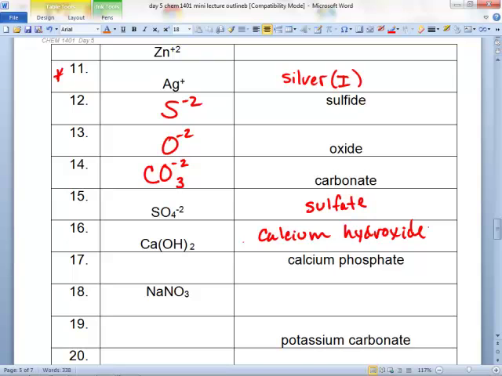Calcium has no choice, right? It's in that group 2. So calcium, everything in group 2 has to be plus 2. In fact, there's another hint, anything with the A, the main groups, if you see it in there, it has no choice. It has to be that charge. Anything with a B, then you put the charge in parentheses.